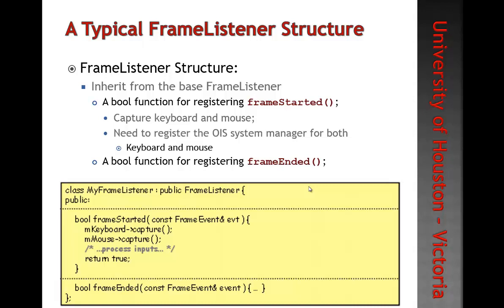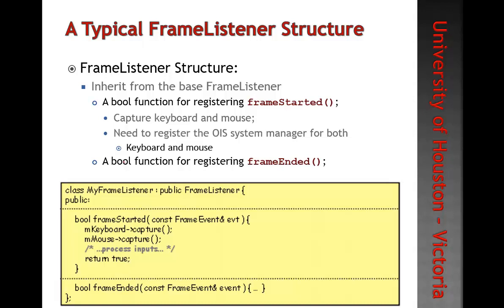For example, if I wanted to work with the input-output system with the mouse and keyboard, in my frame listener's frame started, I could register my keyboard and my mouse and my IOS system, and then capture the keys and the mouse information and utilize those to create the processes that I want to do on the input, and then return true.